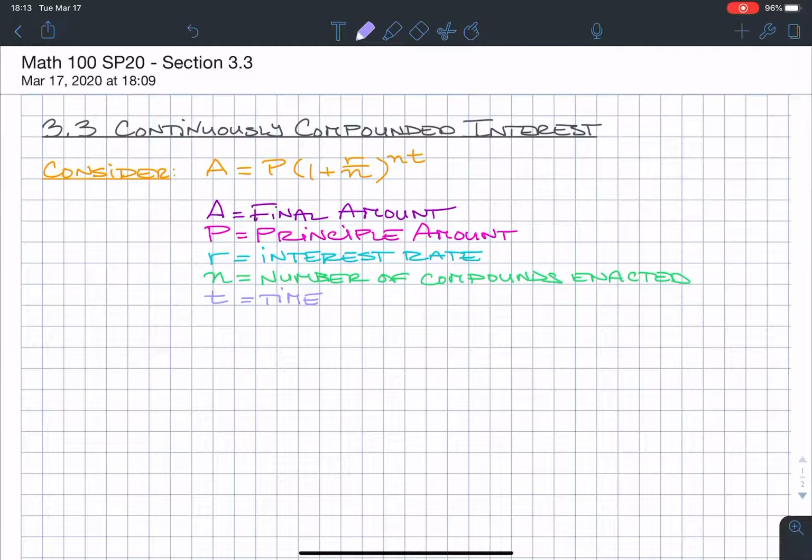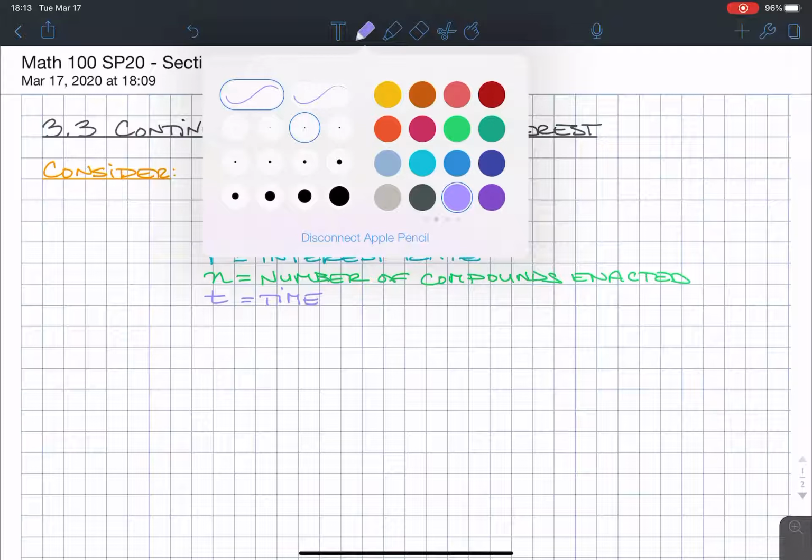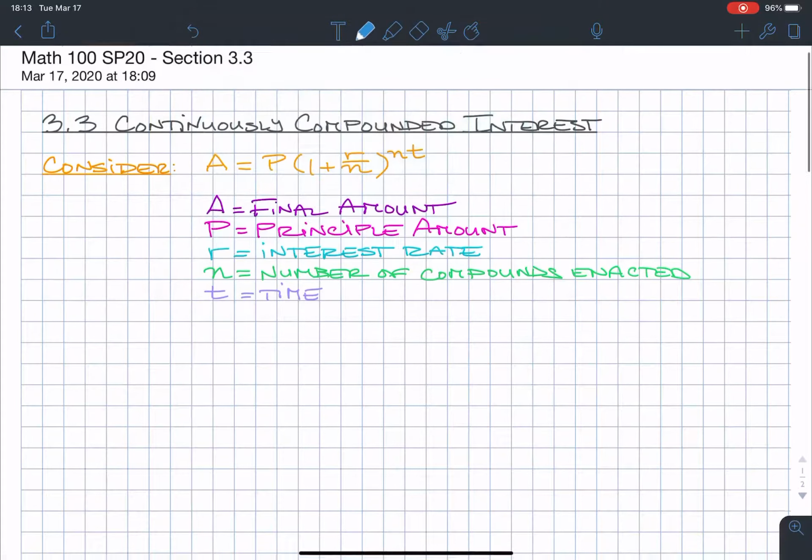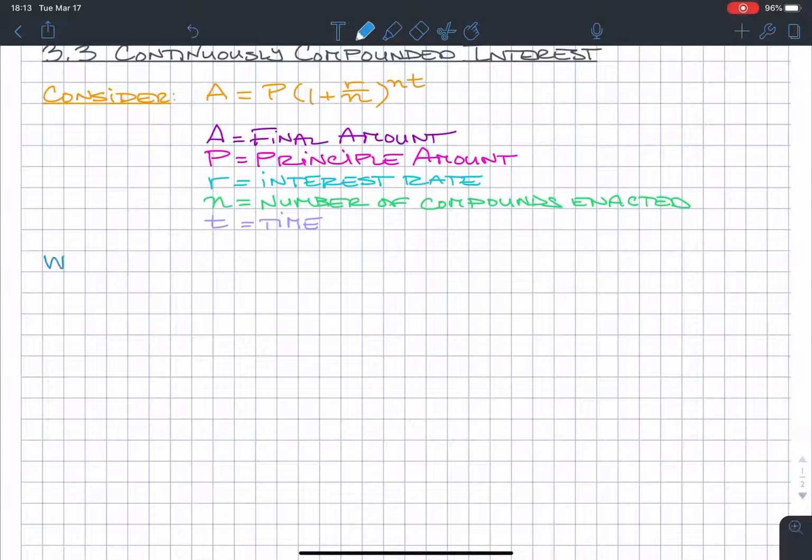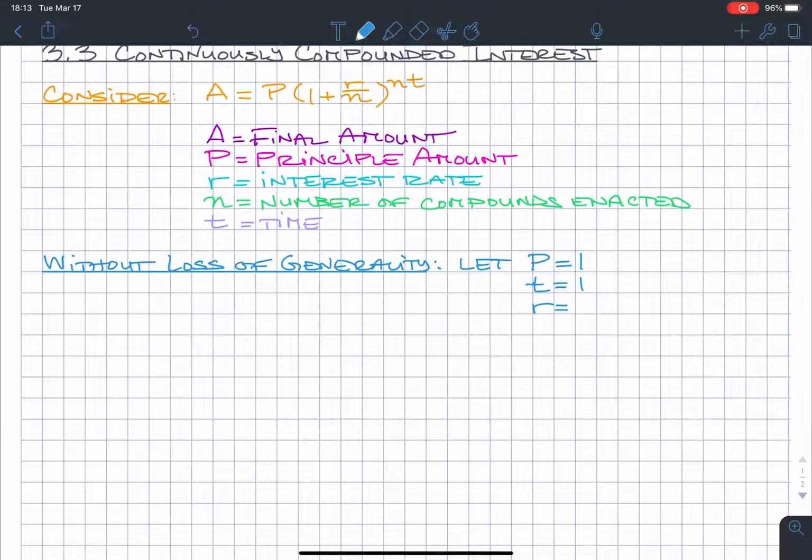Okay, so now I'm going to say something that's very formal, but bear with me. Without loss of generality, I'm going to let the principal amount be 1, the time T be 1, and the interest rate be 1.